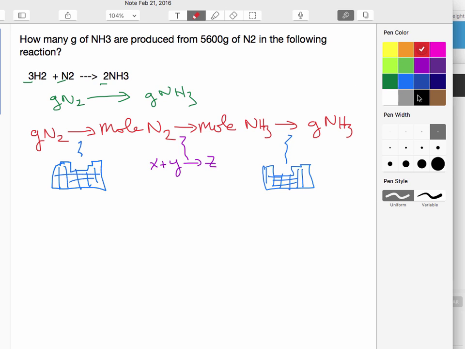Let's start with what we're given, and in this case, we don't have to say we're given 4 significant figures. It's exactly right.